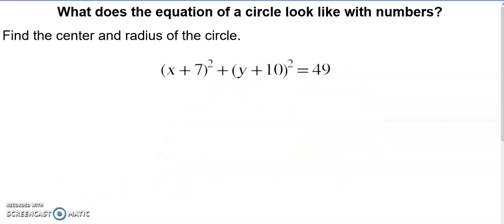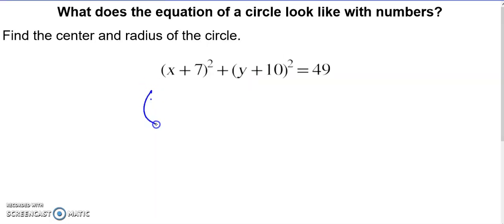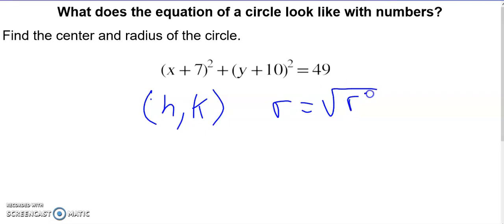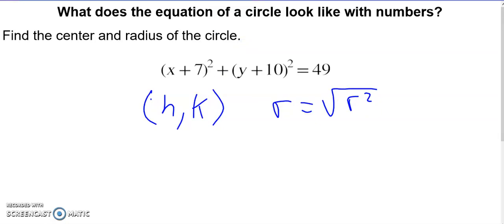All right, I'm not going to write so much down on this next problem. My center is going to be at the point (h, k), and r is going to be the square root of r squared. Where are we finding h? H is inside the parentheses with the x. K is inside the parentheses with the y, and r squared is what it equals.